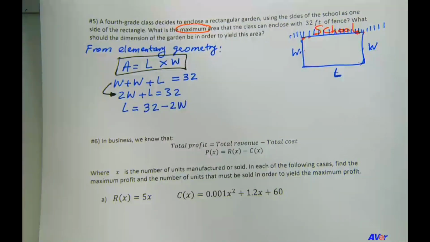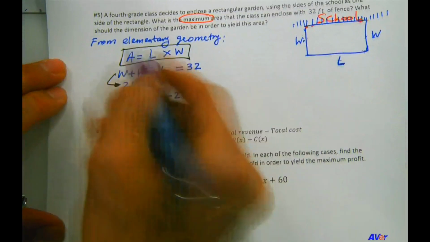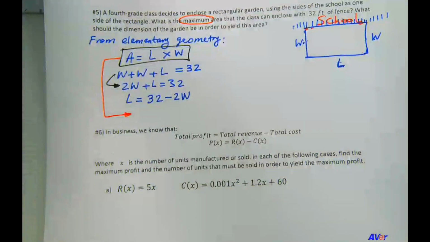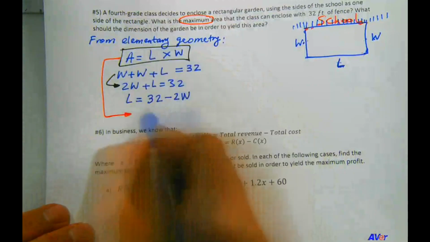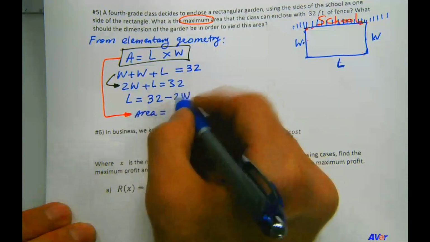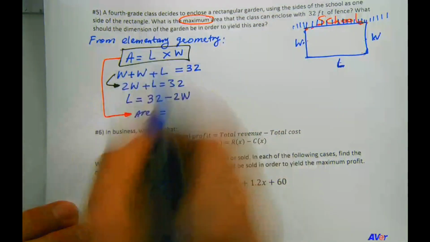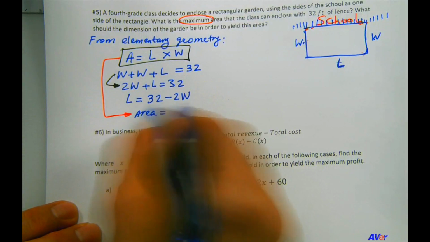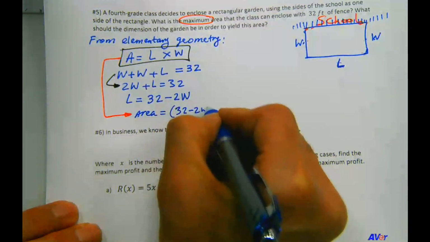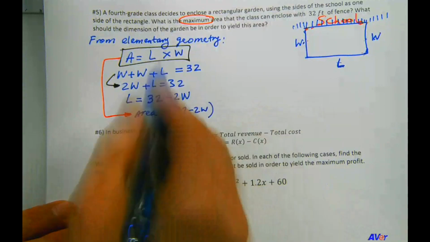Now, in the formula for the area of a rectangle, substitute for L with this quantity. So the area is now equal to, instead of L, put all of this, because that's equal to L. 32 minus 2w times w.